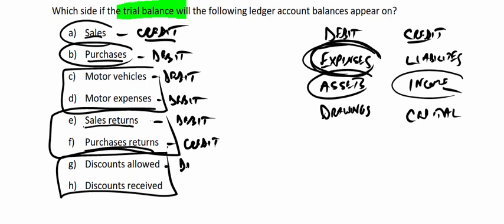So discounts allowed will be a debit entry, basically an expense of the business. Whereas discounts received is if I receive a discount from one of my suppliers. That's actually going to reduce the expense of the purchase because they've let me off with a full value. That's actually going to improve my profit. So discounts received is actually a bit like income to the business because it's going to reduce your purchase expense. So discounts received would be a credit.